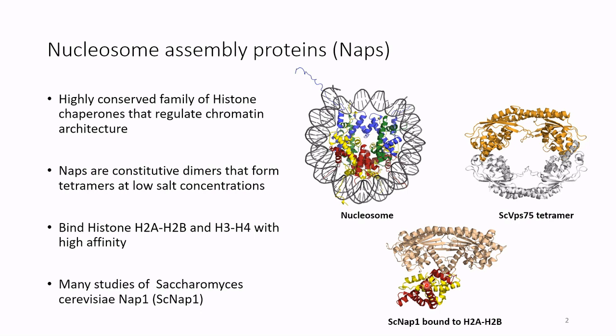Many people have studied yeast NAP1, and it's almost a model system for understanding how histone chaperones work. Despite the presence of this crystal structure, debate still remains as to the absolute stoichiometry between a NAP protein and a histone.